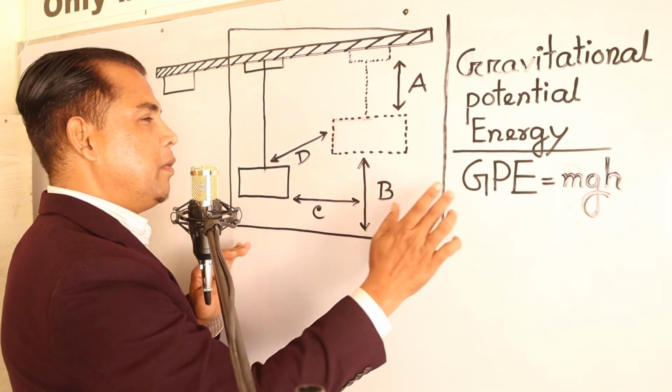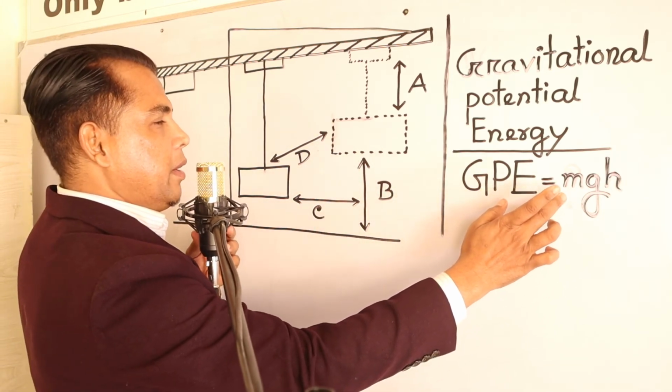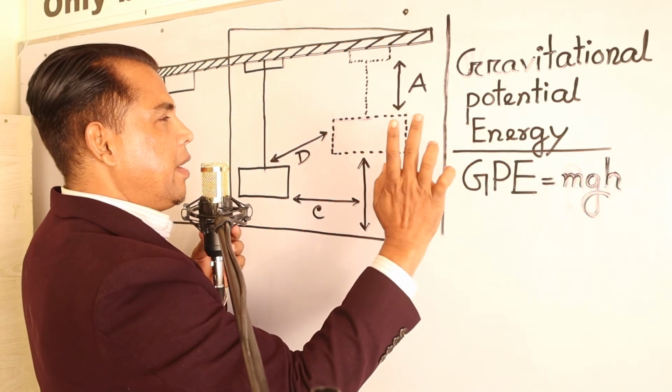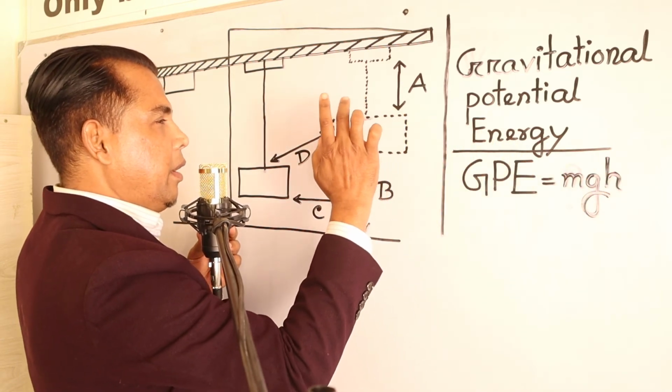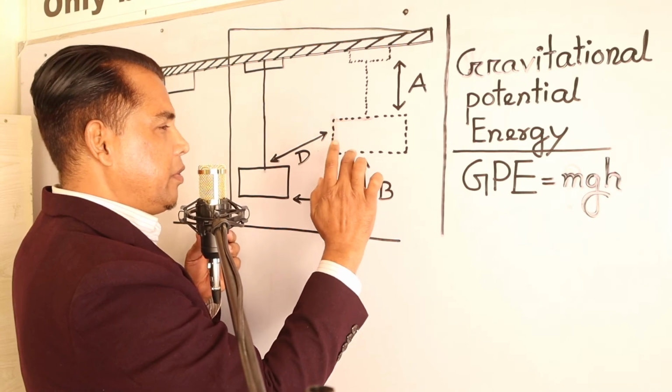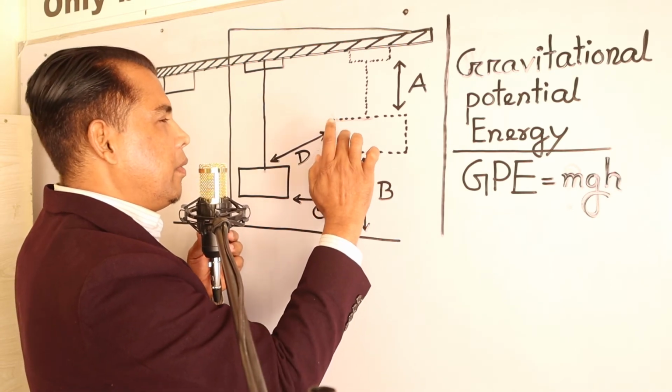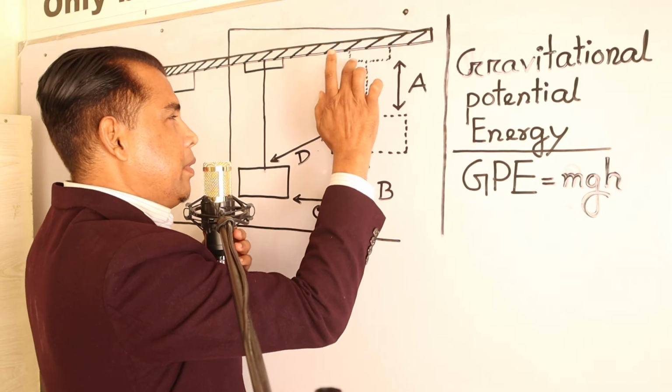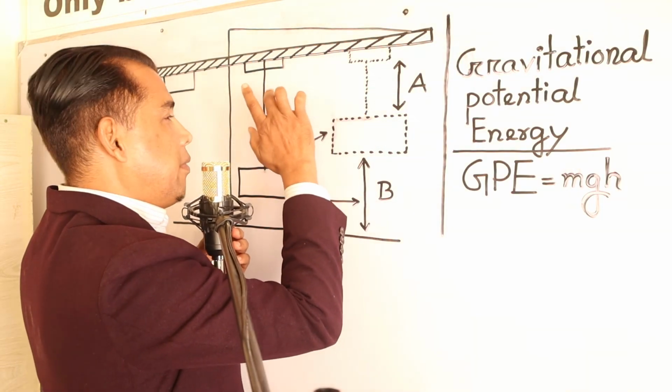But in GPE there are three factors, M, G, H. At the time of counting H, these will be taken up. This is a lift, this is a crane.